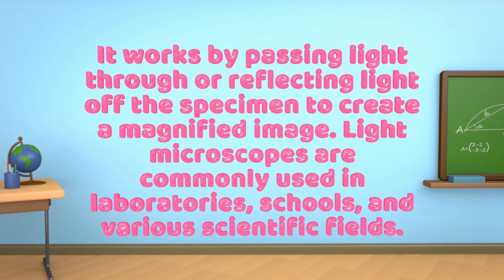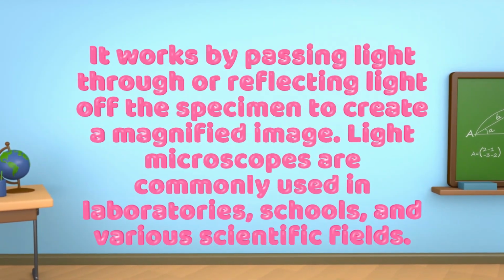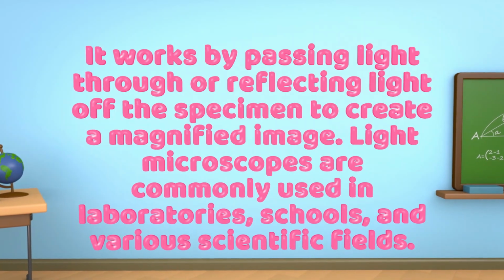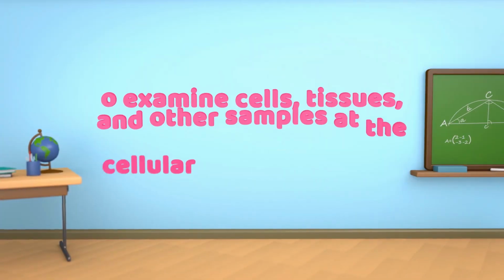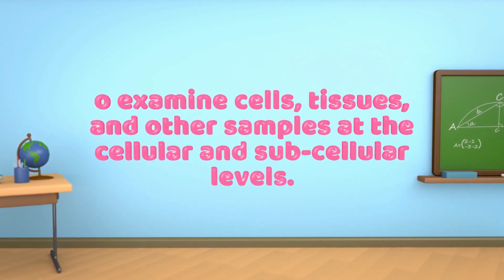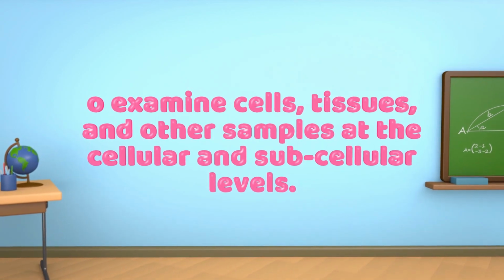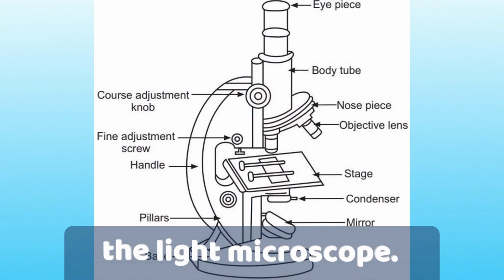Light microscopes are commonly used in laboratories, schools, and various scientific fields to examine cells, tissues, and other samples at the cellular and subcellular level. For instance, here we have the labeled light microscope, which is used in scientific fields.